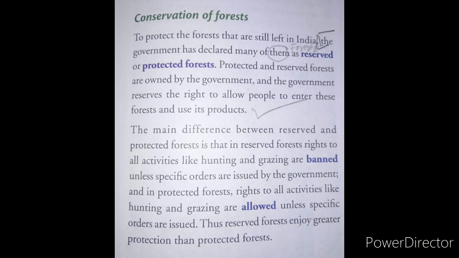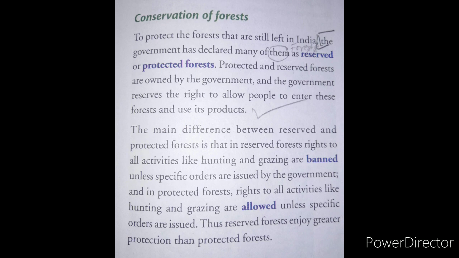Thus, reserved forests enjoy greater protection than protected forests. So in protected forest, people are allowed to hunt, but in reserved forest no one is allowed to go and hunt or destroy the forest. I hope you all understand what is reserved forest and what is protected forest.